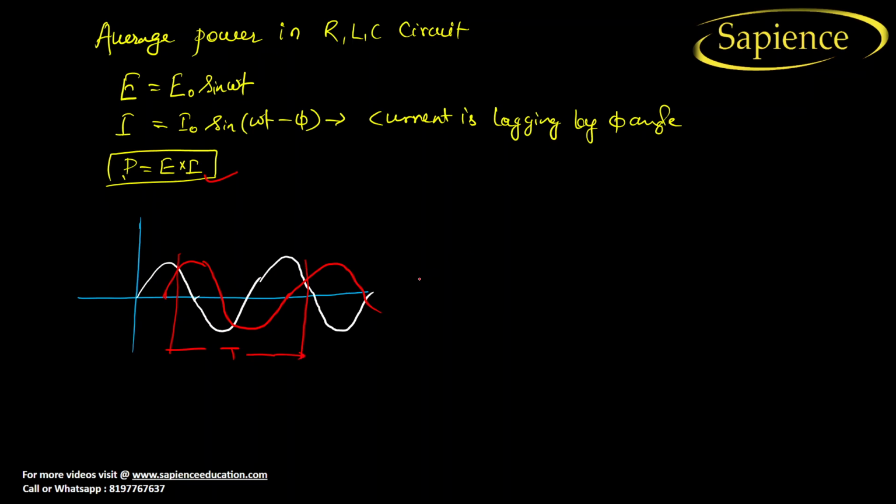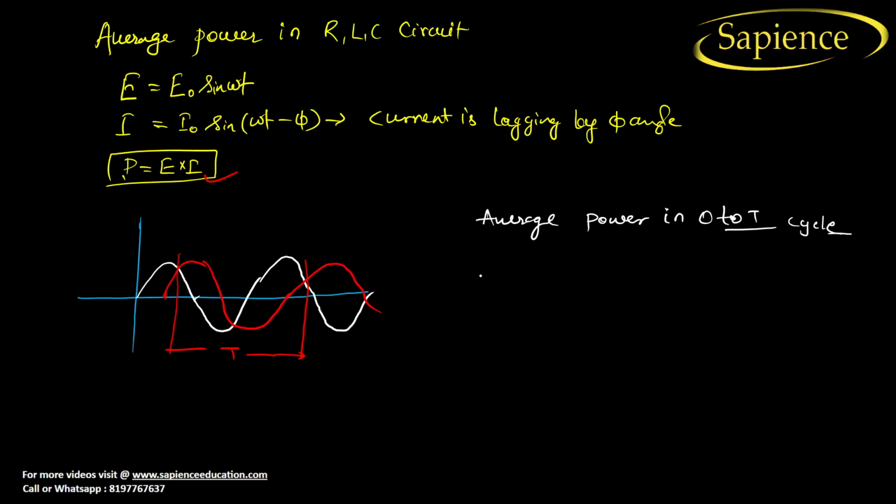So how to find the average power over 0 to time period T, over one cycle?